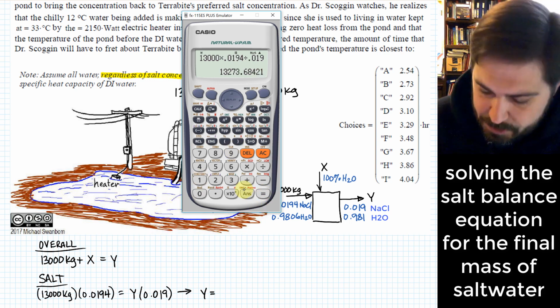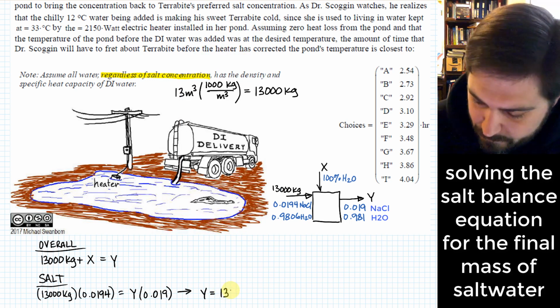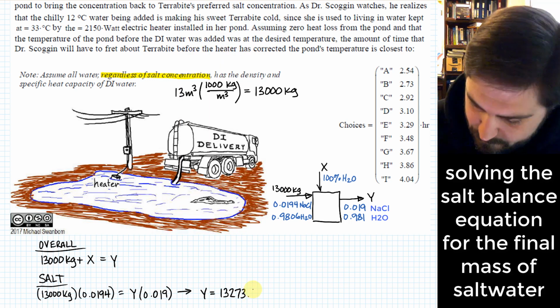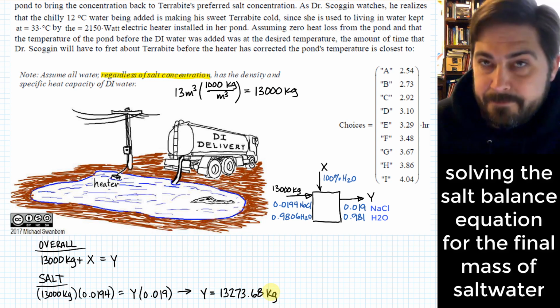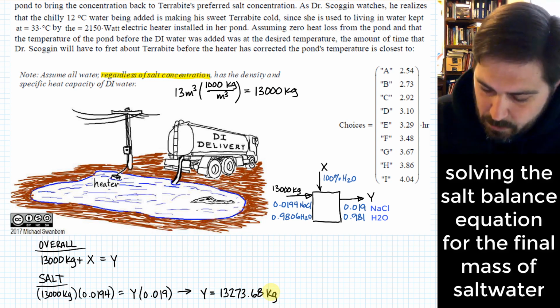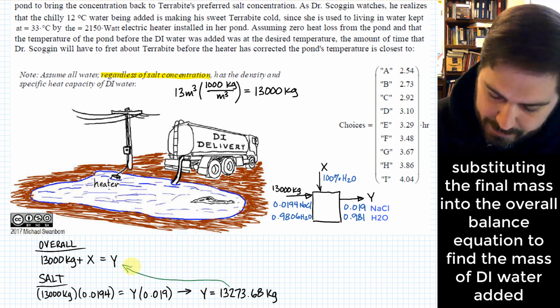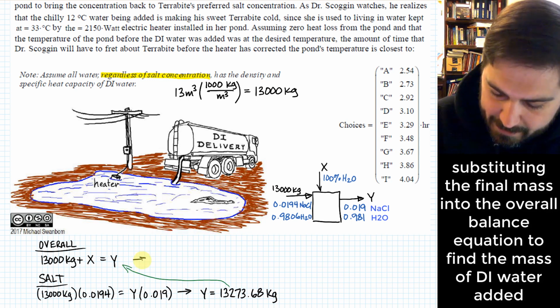That would be the solution to this expression to find Y. So Y is 13,273.68, and that's in kilograms. Once I know that, I can plug that information into the first equation that I wrote, and it will allow me to solve for X.